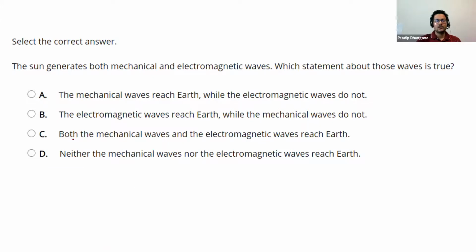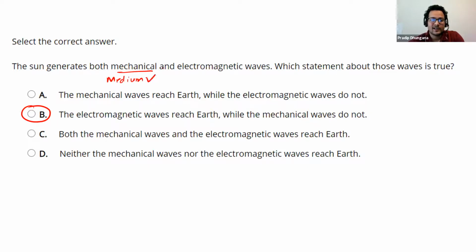The correct choice is B. The electromagnetic waves reach Earth while the mechanical waves do not. Let me clarify this question. Mechanical waves need a medium to travel.